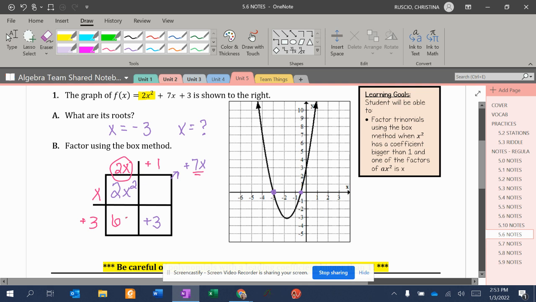So 2x times 3 is 6x, x times 1 is 1x, 6x plus 1x is 7x. Oh, happy day. So my final answer is 2x plus 1 all times x plus 3.